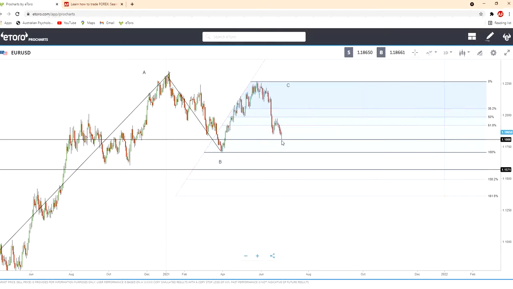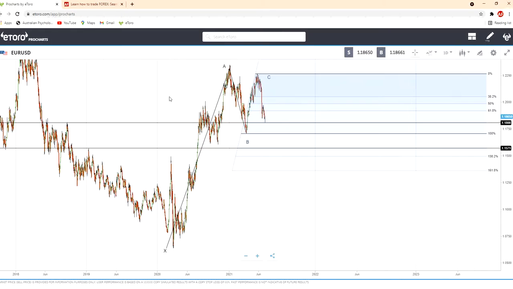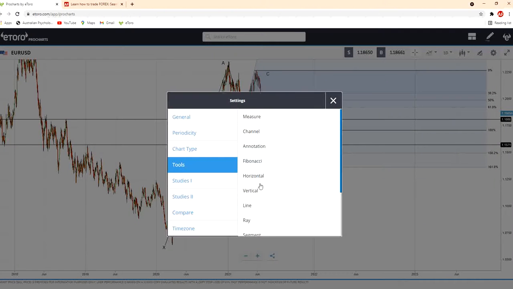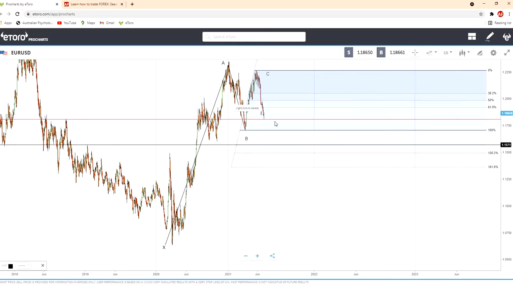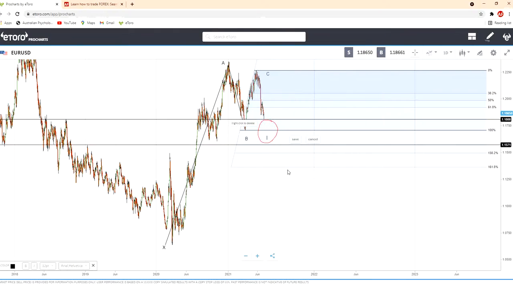Anyway, from now that we touched this line, we should look for a reversal point. And that means that point B is somewhere in this area. Point B can be anywhere in this area. Okay, I'm just adding the annotation for the B. So this can be anywhere.